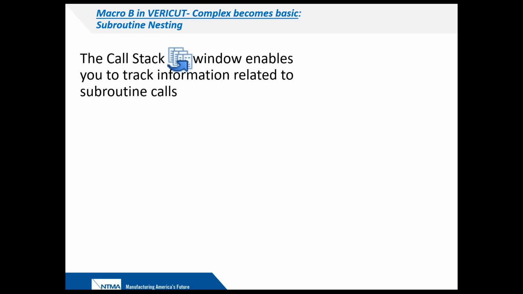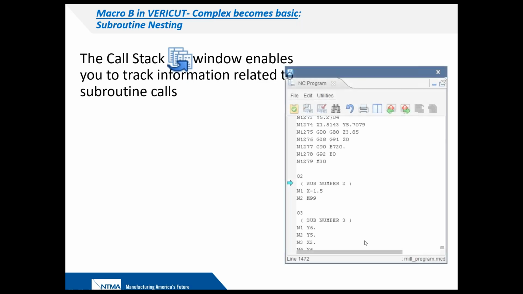Subroutine nesting. When you start adding subprograms, there are different nest levels, and it can become confusing, especially when you're just writing the logic in Notepad, or Notepad++ or some other type of editor, or on the real machine.